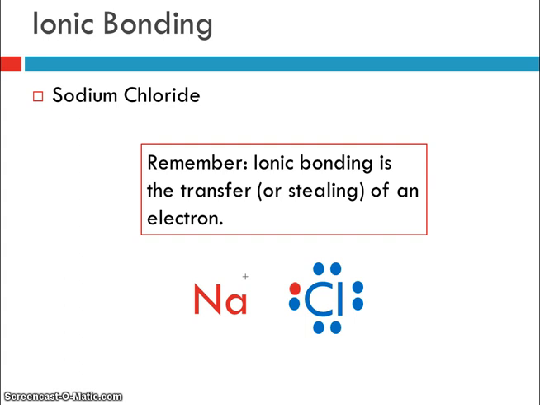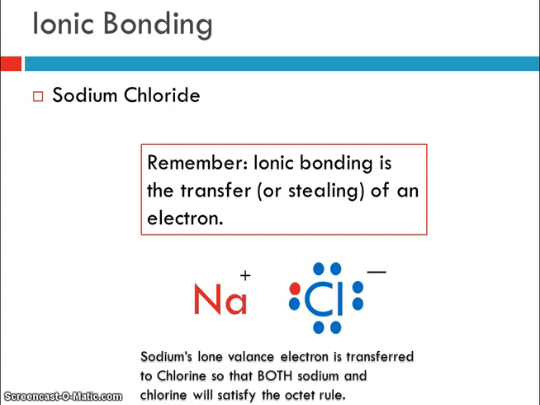Sodium will now be positively charged because it lost an electron, and chlorine will be negatively charged because it gained an electron. So sodium's lone valence electron is transferred to chlorine so that both sodium and chlorine will satisfy the octet rule.